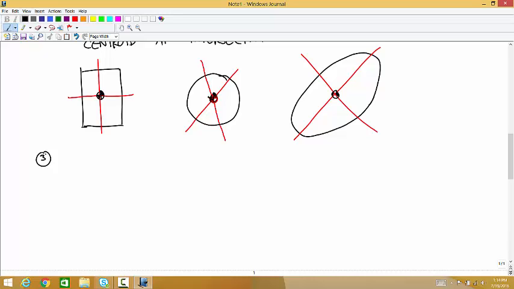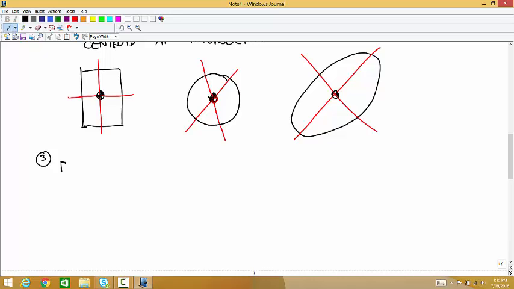Close. So 3 planes of symmetry. Yeah. Because 3 lines in 3D don't necessarily intersect anymore. But 3 planes do intersect and they make a point. And so any plane of symmetry you can find, the centroid has to lie on that plane.